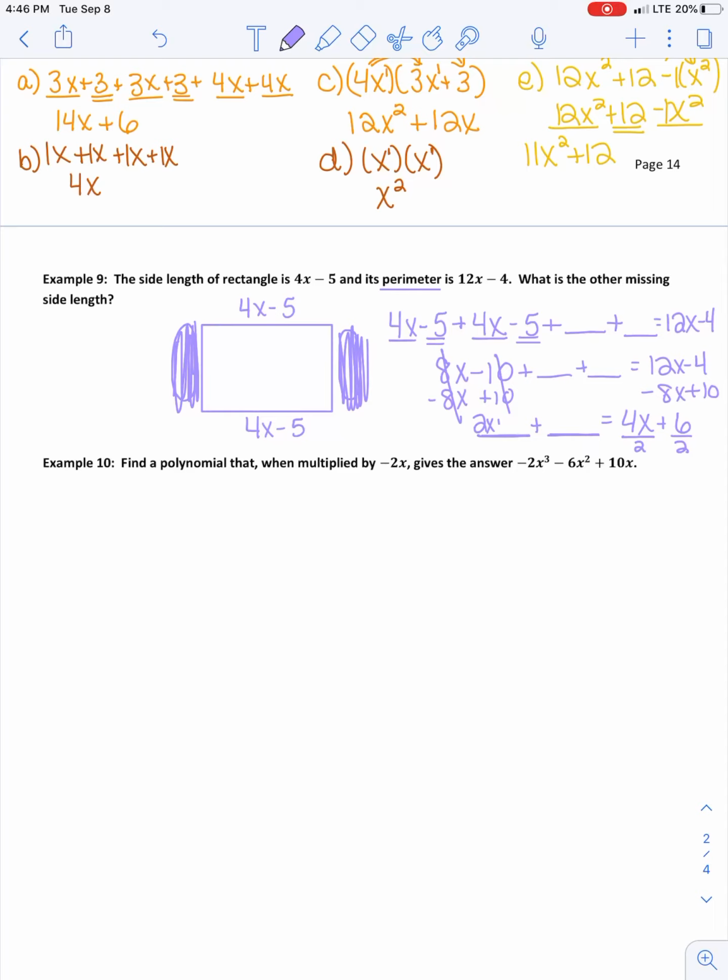If I take the 6 and divide by 2, I get 3. Okay, so that means that this side is 2x plus 3, which then means that this side has to be 2x plus 3. And if I add those together, it ends up giving me 4x plus 6. Okay, so it says, what's the other missing side length? We would say 2x plus 3.